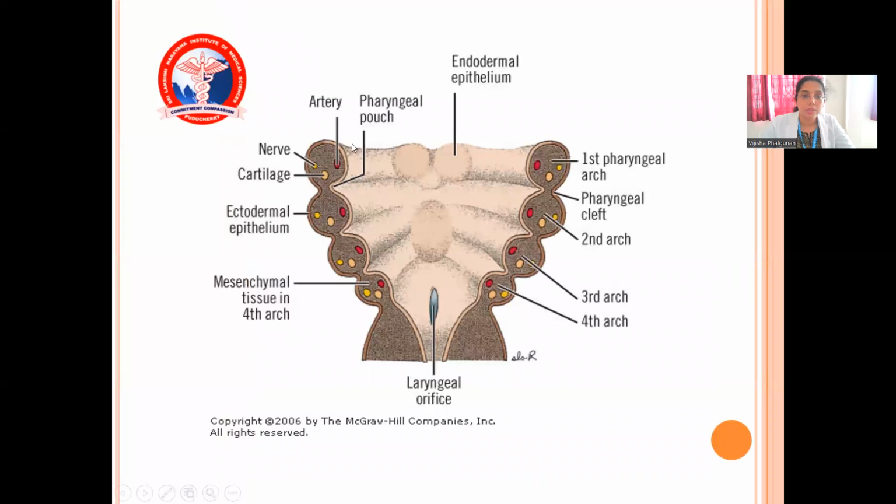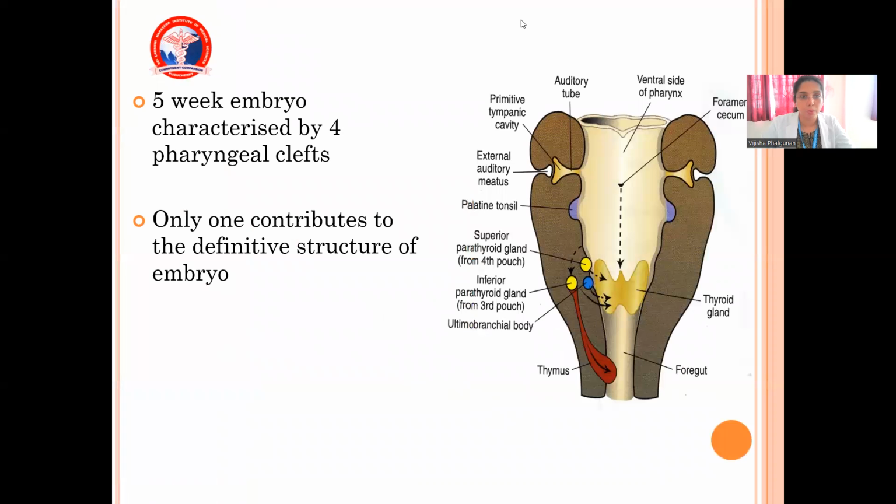Ectodermal clefts. These are the clefts formed by the ectoderm. These clefts between the arches are going to give rise to a few structures. What are they? Number one, the 5-week embryo is characterized by 4 pharyngeal clefts. This pharyngeal arch formation occurs between the 4th and 5th week of the embryo.